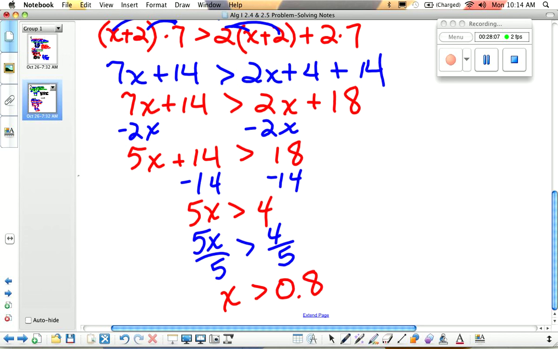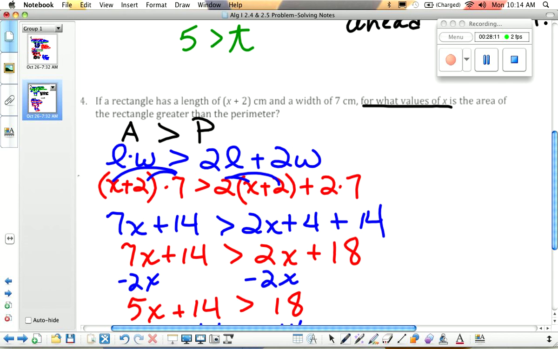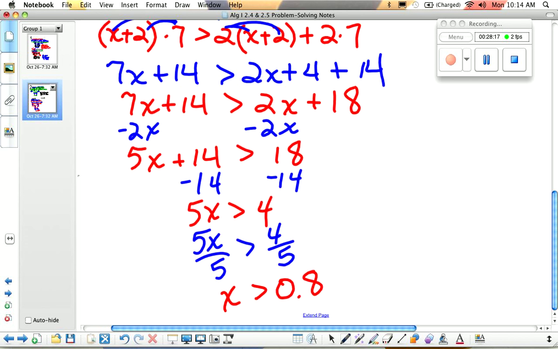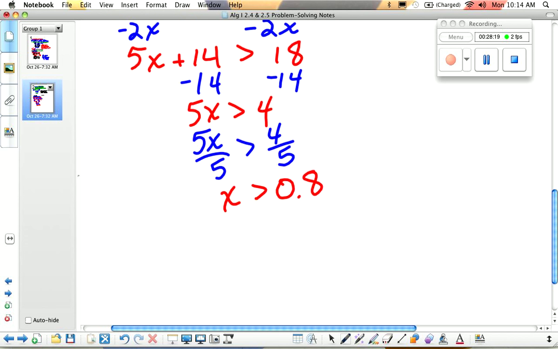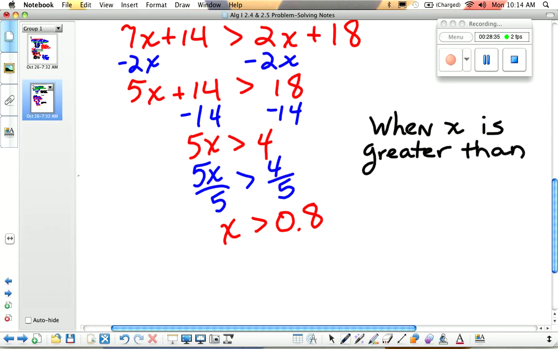Okay. So now we know that x is greater than 0 and 8/10. What was the question again? We were supposed to find what values of x is the area of the rectangle greater than the perimeter. So what are we going to say? What's our sentence? When x is greater than 0 and 8/10 or 4/5, but then we have to put a label on that.